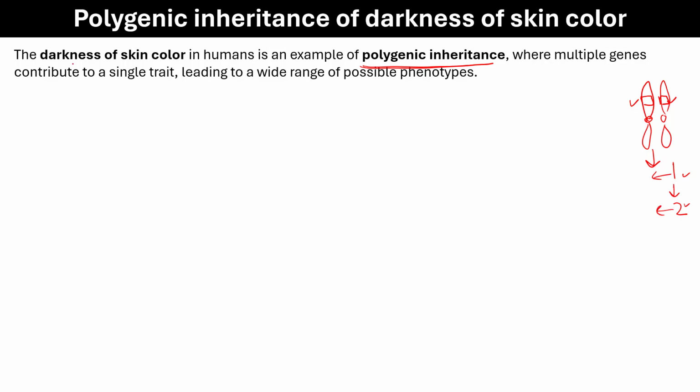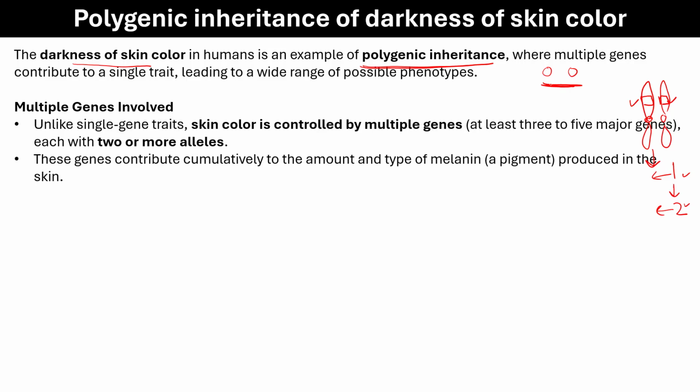So darkness of skin and most of the characters of human beings, like the hair color, eye color, and many other characters, are inherited through polygenic inheritance. It's not only option A or option B, but you have a range of color or range of characters possible in the population.